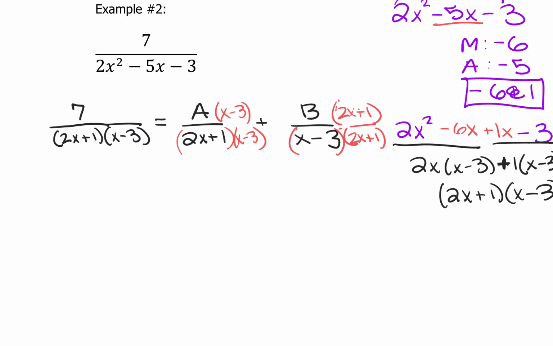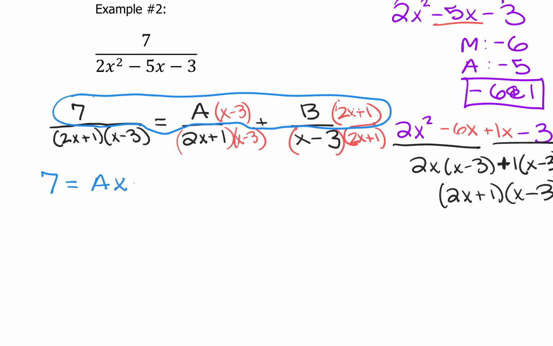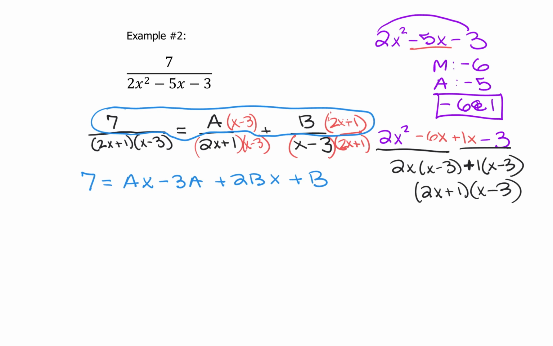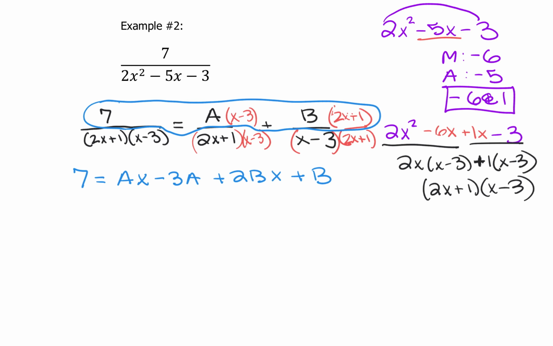If we know that we added those two terms on the right together to get my left side, 7 over the denominator, that means that this equation is going to have to be true. My denominators matched. So we have 7 equals ax minus 3a plus 2bx plus b. And what's a little bit different for this one than perhaps some of those earlier questions is that this is a 0x plus 7.